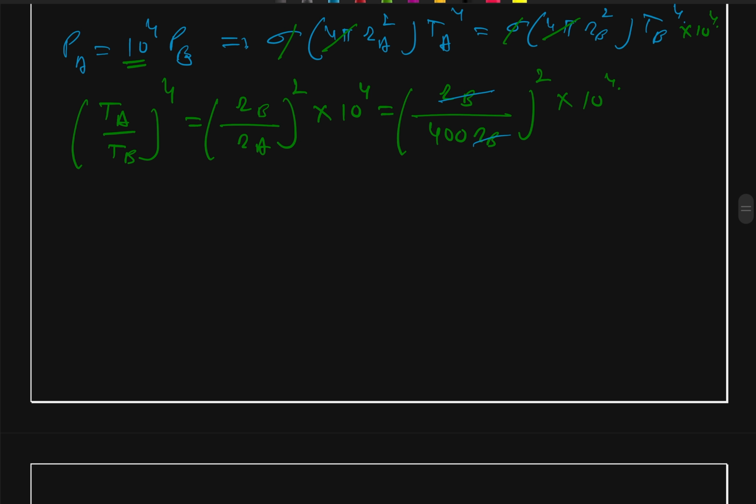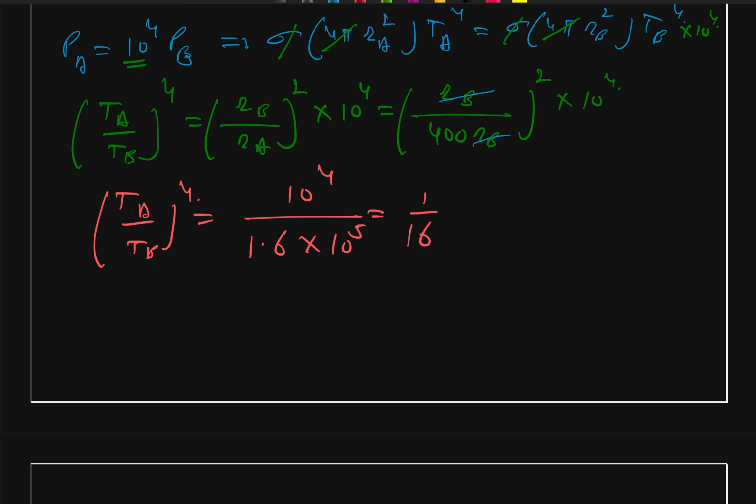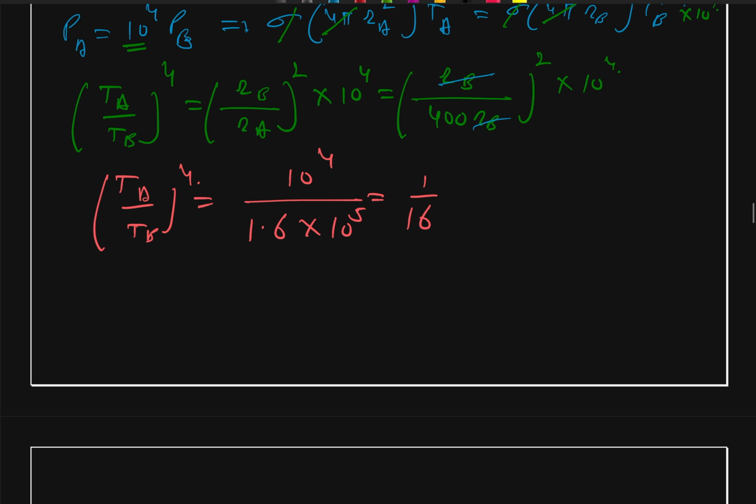So we can write that this will be equal to 10 raised to power 4, and we can write this as 1.6 into 10 raised to power 5, which will be 1 upon 16. And so this is our Ta upon Tb whole raised to power 4, and from here we get Ta upon Tb is the fourth root of 1 upon 16, giving us 1 upon 2.